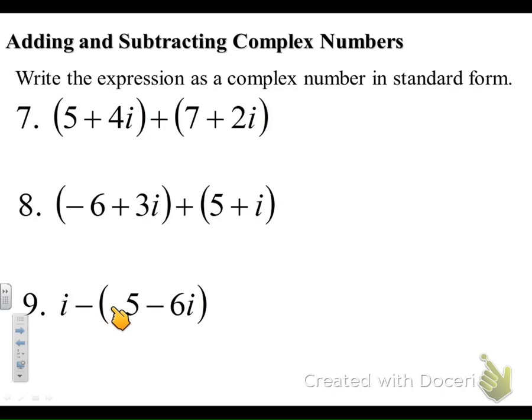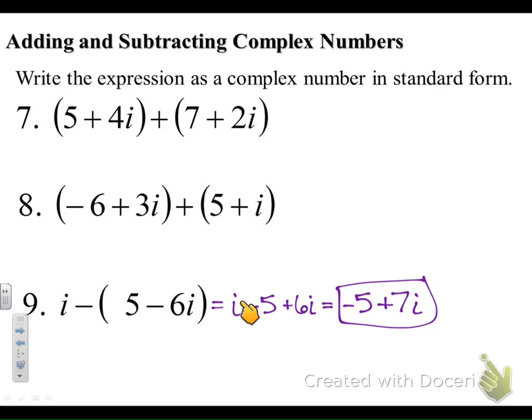Sometimes we need to be wary and we still have to distribute that minus sign. Signs should change on that set of parentheses. I only have one real part, one real number, and 2 imaginary parts that I've got to get together.